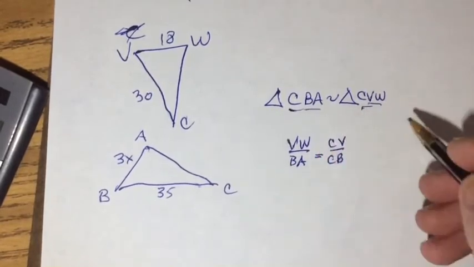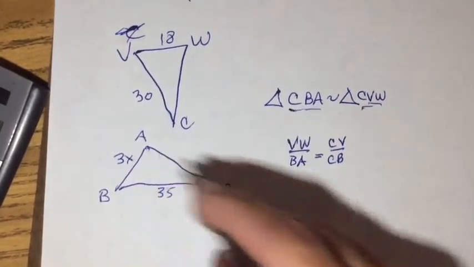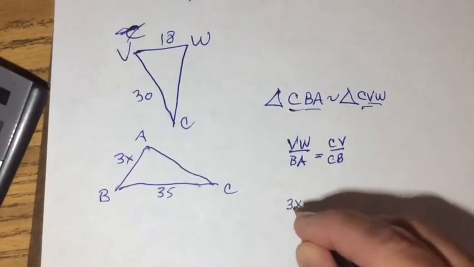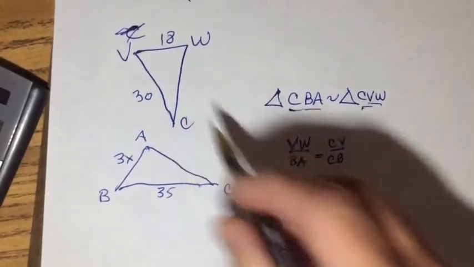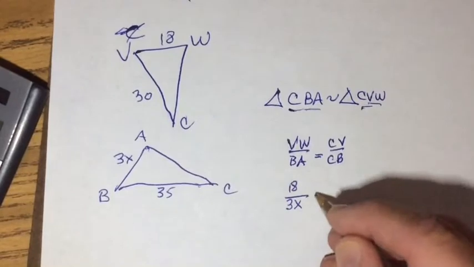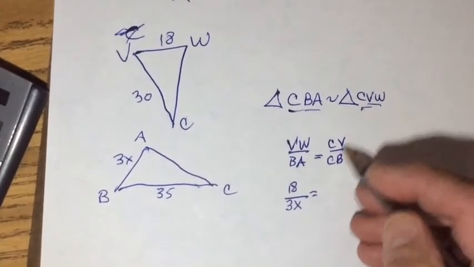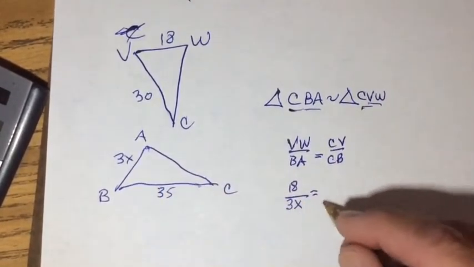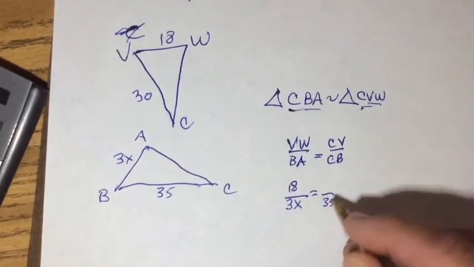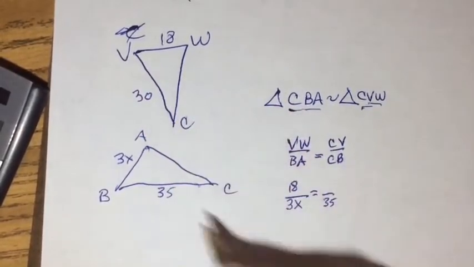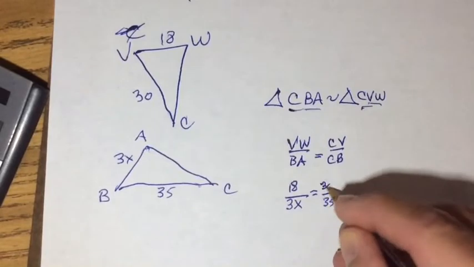VW and BA. So over here, BA is 3x, VW is 18, CB over here is 35, and VC over here is 30.